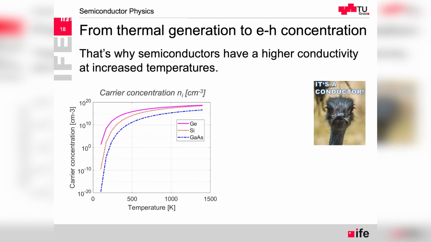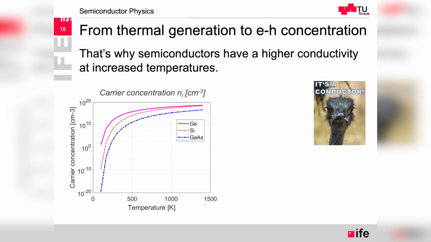So what we have to consider now, speaking about the conduction of material, is the charge carrier concentration. And again, we already have seen that for different materials, the energy gap is a little bit different. We can see the effect of that when we plot the charge carrier concentration as a function of temperature.